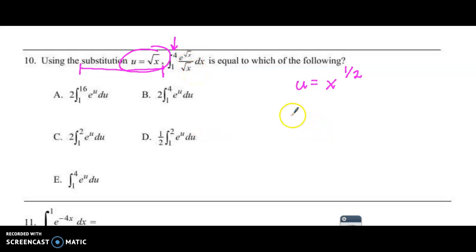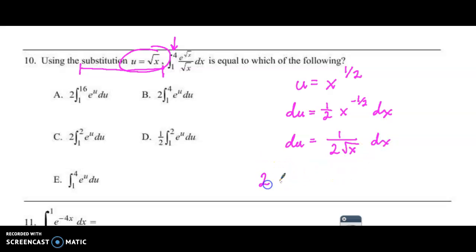Well, let me walk you through which one is better. So if you solve this, it would be 1/2 x to the negative 1/2 power dx. Remember, these du's, dx's are saying what your independent variable is. So just as a reminder, that means that that's 1 over 2 square root of x.